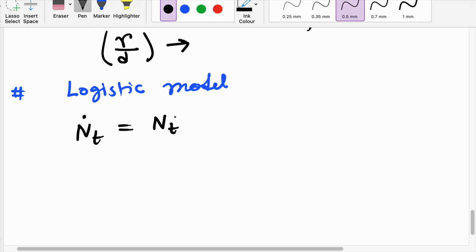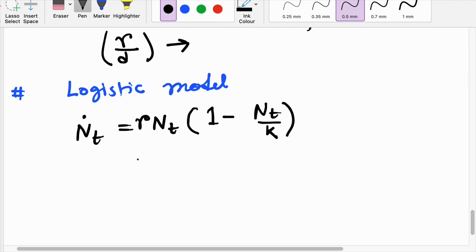So only one type of individuals is there and they are reproducing, no selection and no mutation. Here this will be the linear term. Now I want to add a non-linear term, 1 minus N(t) by K.